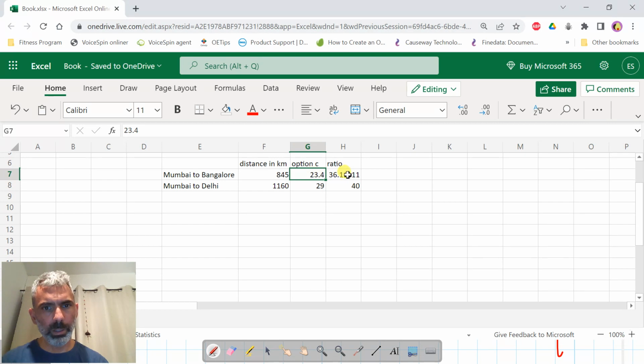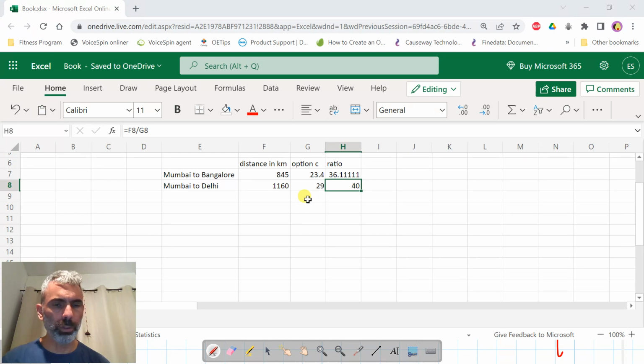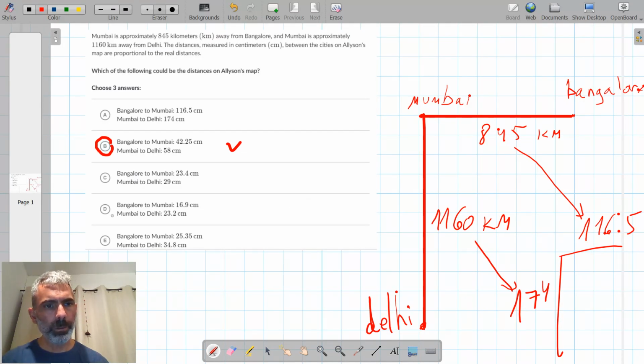Here when I divide 845 by 23.4, it means that every 1 centimeter represents 36.1 kilometers on the map, and here every 1 centimeter represents 40 kilometers on the map, so option C is incorrect.